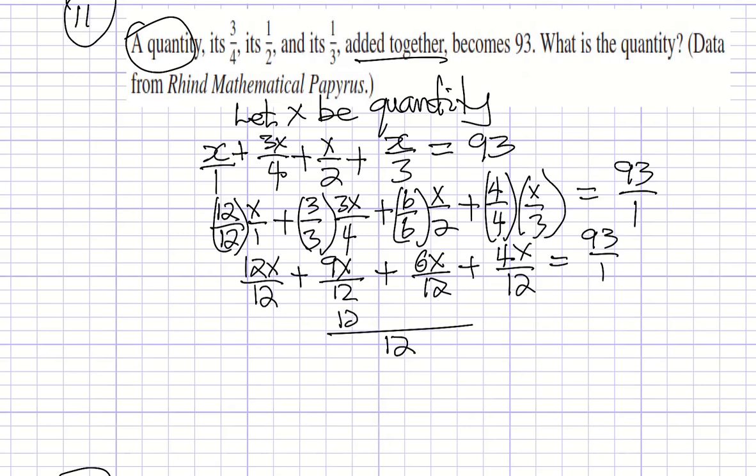It will be 12x plus 9x plus 6x plus 4x, all equal to 93 over 1. Make sure you get that, man. That's what we need there. Look at it carefully until you understand it. That's what they want us to do, and that's what we're doing.